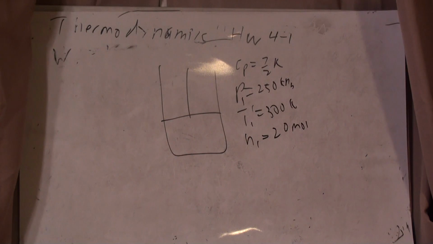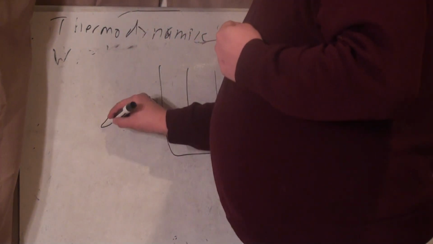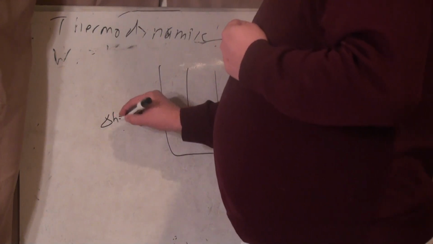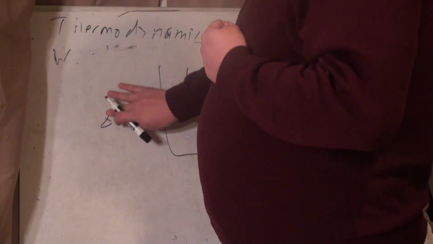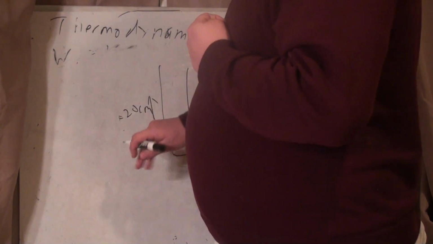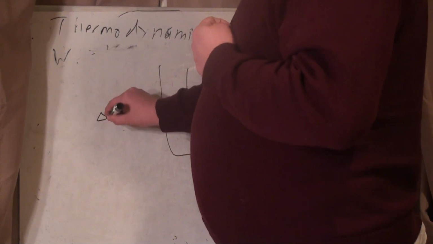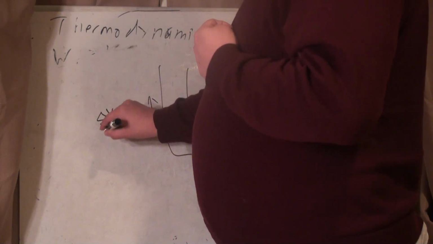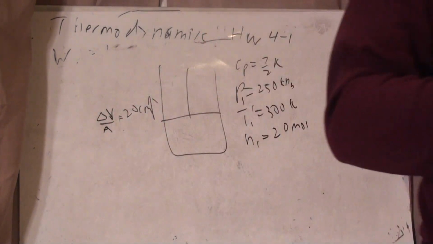You apply heat to raise the piston of a piston cylinder apparatus by 20 centimeters. So this goes up by 20 centimeters. Delta H, I guess, or well, delta V divided by area would be 20 centimeters.